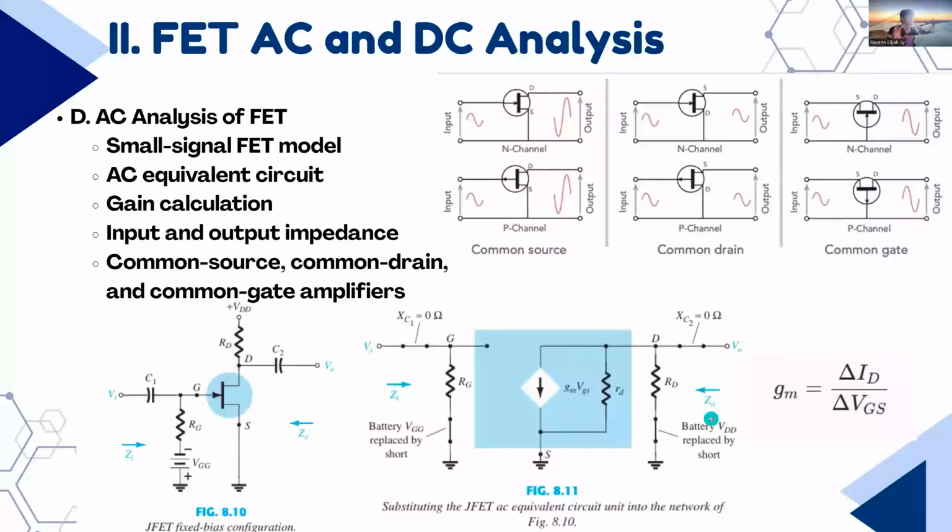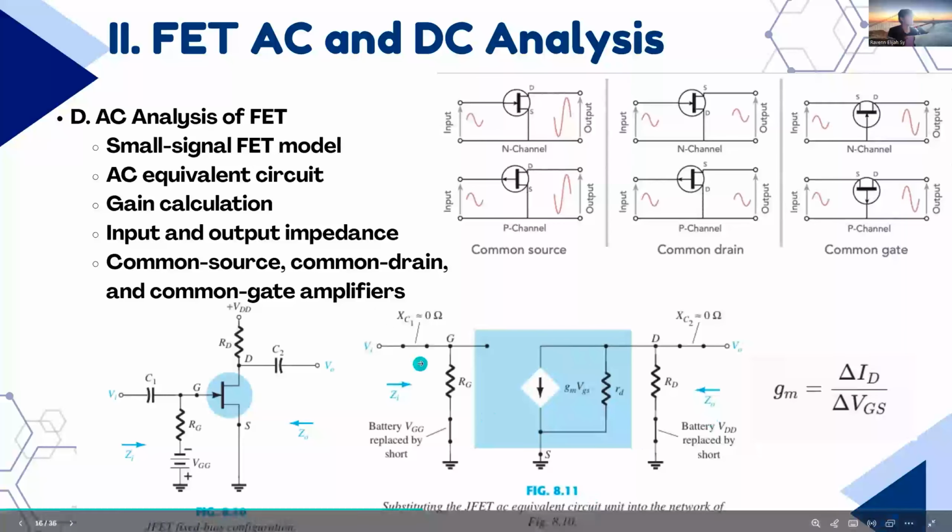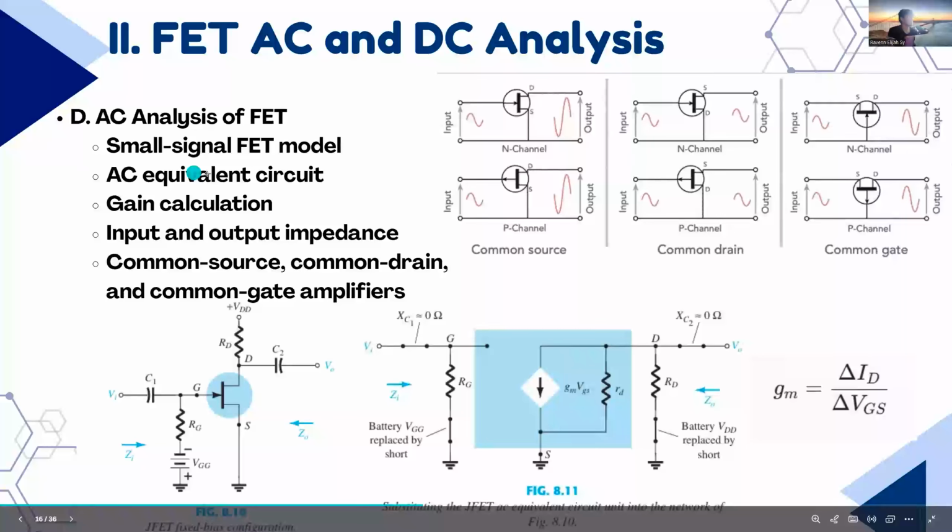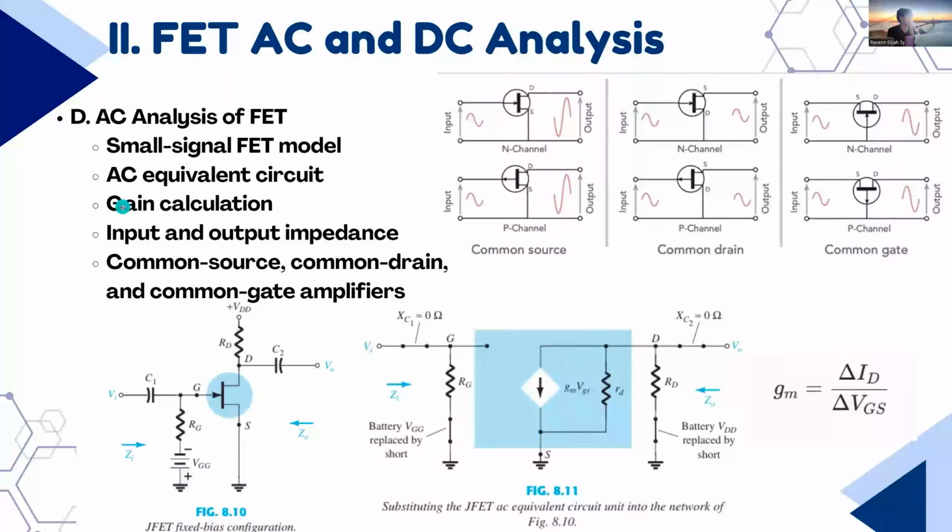AC analysis. Now we have AC analysis of FET. So we will talk about small signal model, AC equivalent circuit, gain calculation, input and output impedance, common source, common drain, common gate amplifier.